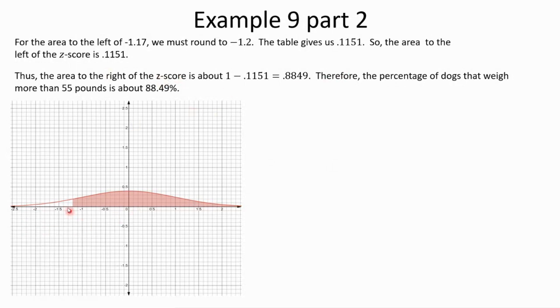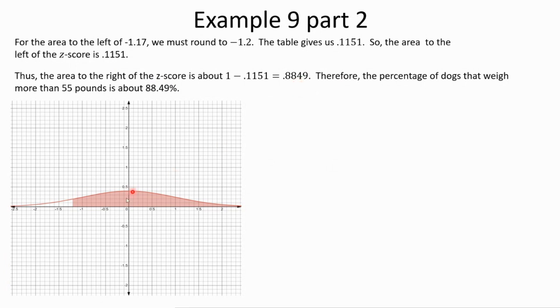So the area to the left of that z-score, negative 1.17, approximately, is 0.1151. So the area we're looking for, which is shaded in, is 1 minus that, which is 0.8849.